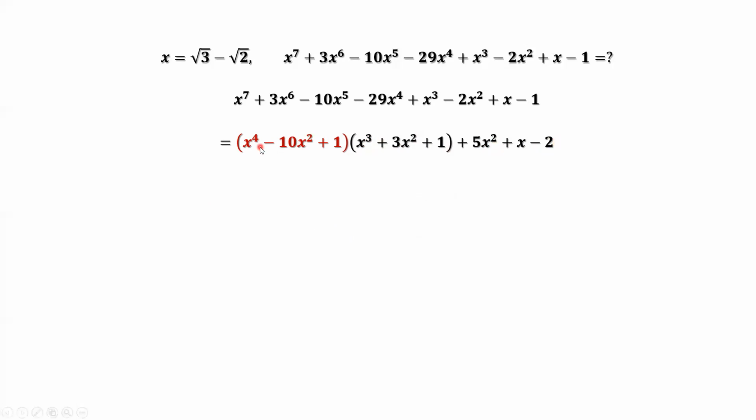Because x to the power 4 minus 10x squared plus 1 is 0, we reduce the 7th degree polynomial into a 2nd degree polynomial. Now, we can easily replace x value by the given number, which is square root of 3 minus square root of 2.